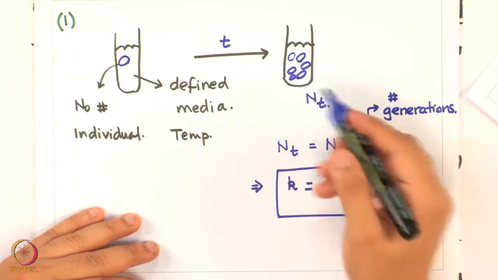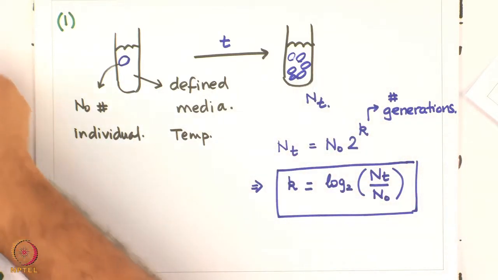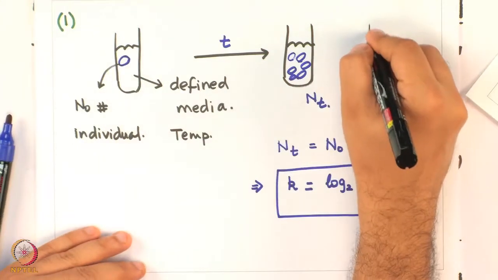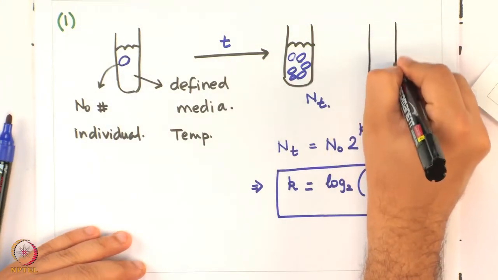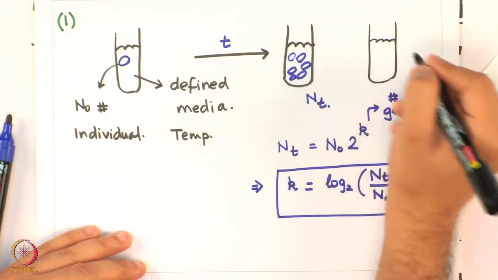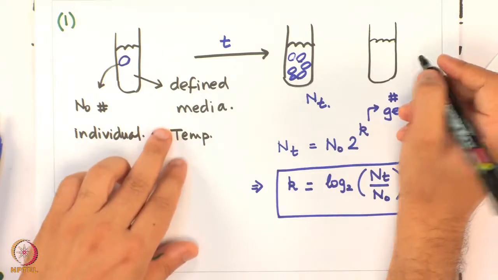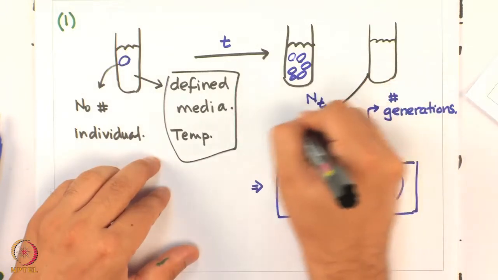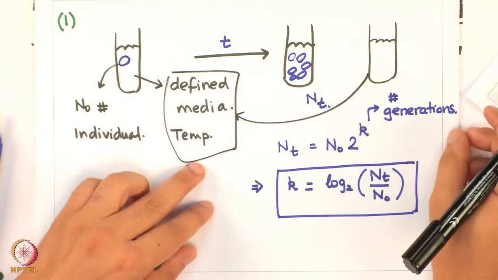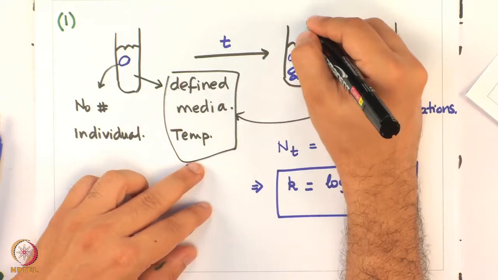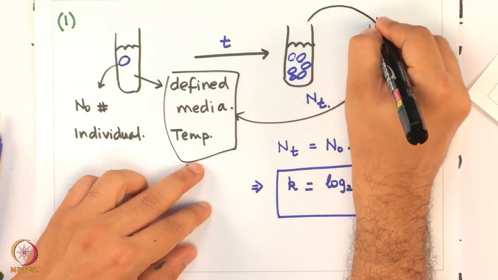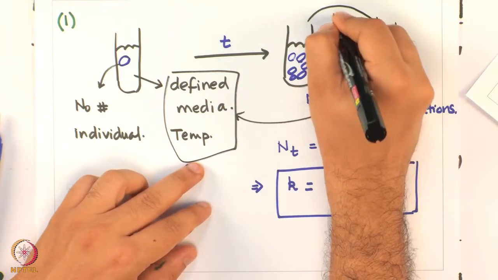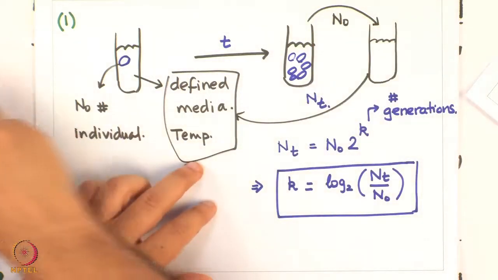And what you do after time t in this type of evolutionary experiment is that you prepare an identical tube to what you started with. So, this tube here has the exact same conditions as what you started with for the first tube, and out of these nt individuals you randomly select n naught individuals and transfer to the new tube.